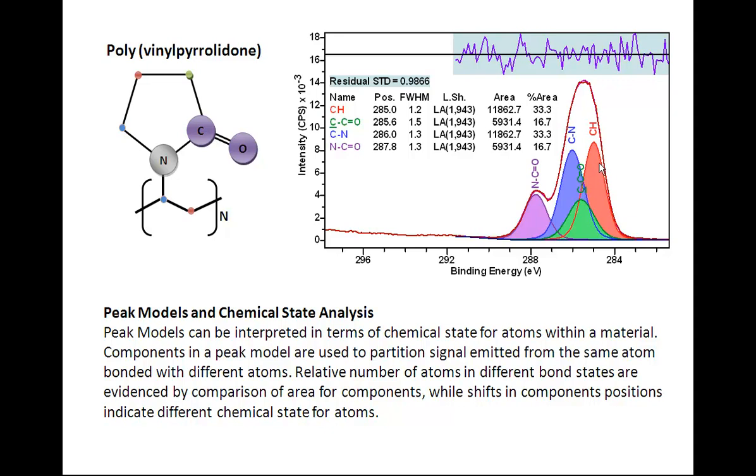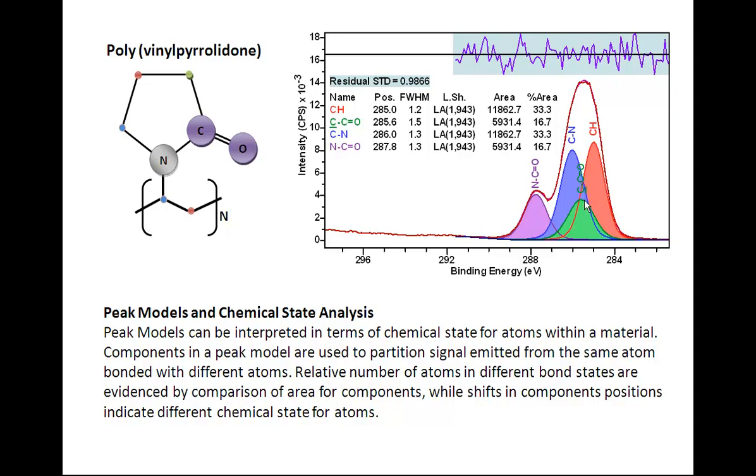So when we look at this peak model, we find a component with a binding energy that has been assigned 285, and then other peaks are referenced relative to this binding energy, and we would like to interpret these binding energies as being associated with these different chemical bonds. So first of all, we can say that we've got a CH peak. We've got one that is a carbon that is bonded to carbon, but it's bonded to a structure that is more involved than just a simple carbon-carbon.